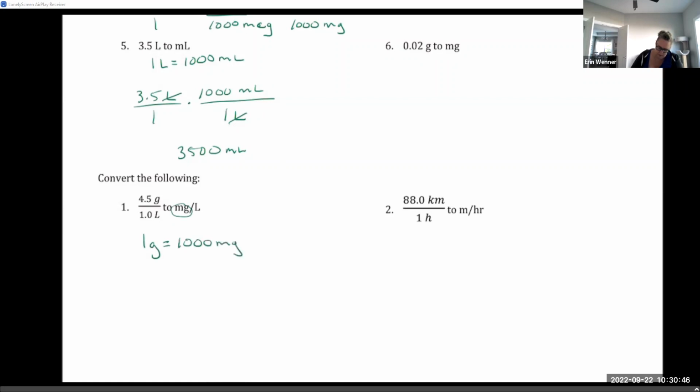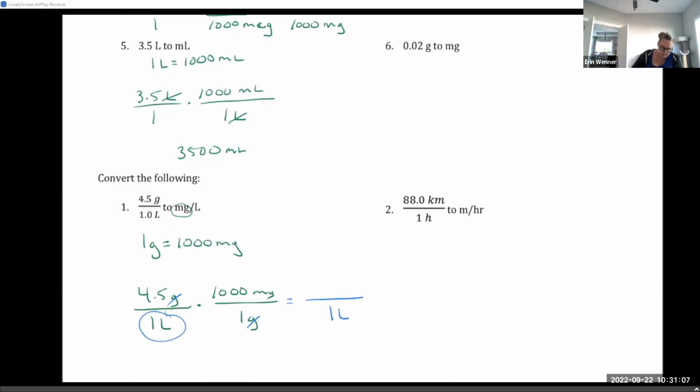So we're going to take 4.5 grams over 1 liter, and we're going to multiply it by 1,000 milligrams over 1 gram. So doing this will cancel out our grams, but it will leave us with a 1 liter in the denominator, right? We didn't touch that at all, so that's still there.